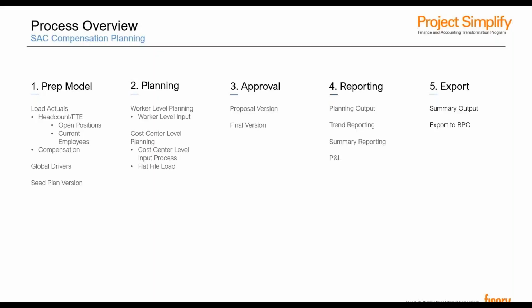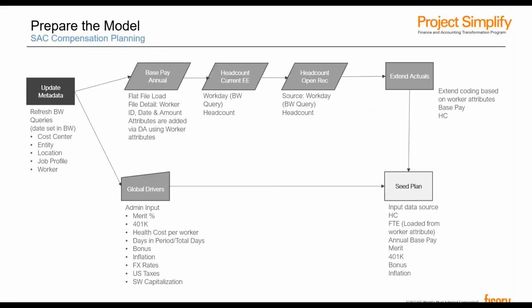So let's go to the preparation of the model in a little bit more detail. In order to prepare the model, the plan administrator, this is again a business role, which is typically managed within the FP&A function. In our case, it's housed within our enterprise FP&A team.